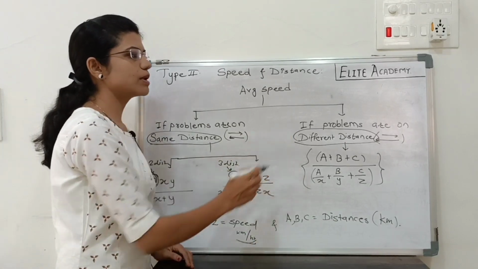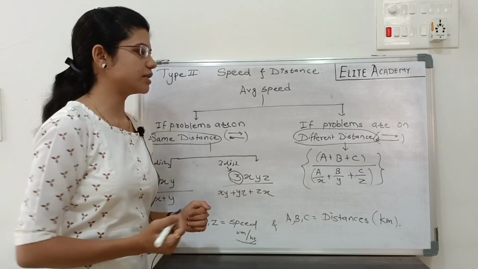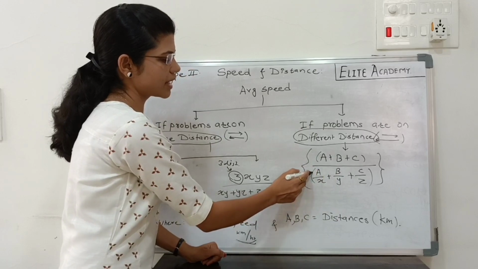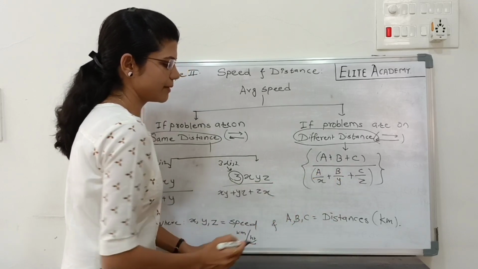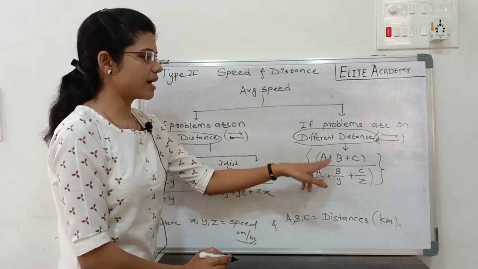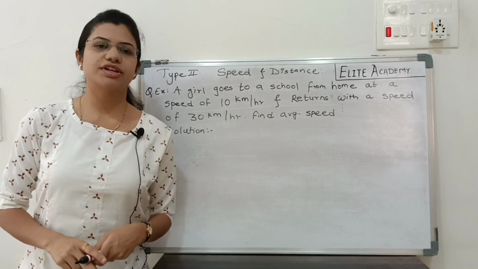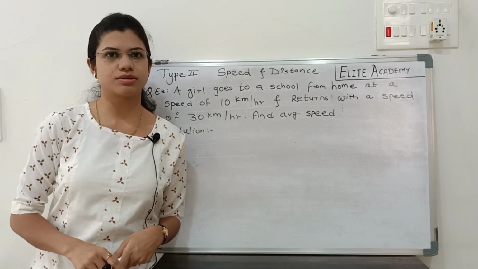And if the problems are on different distances, then the formula is a plus b plus c divided by a by x plus b by y plus c by z, where a, b, c are nothing but the different distances.